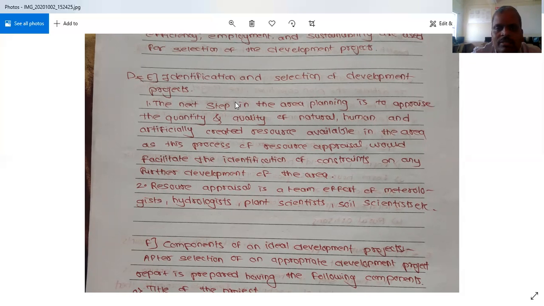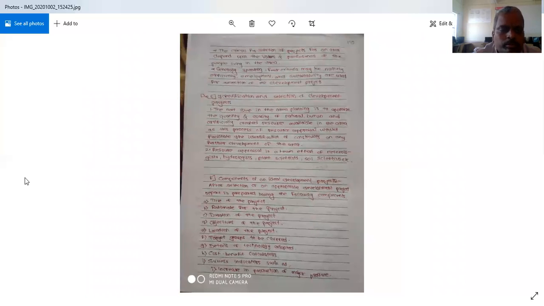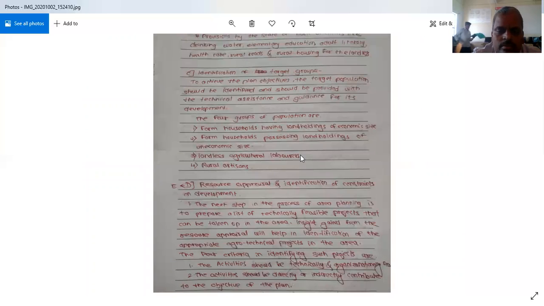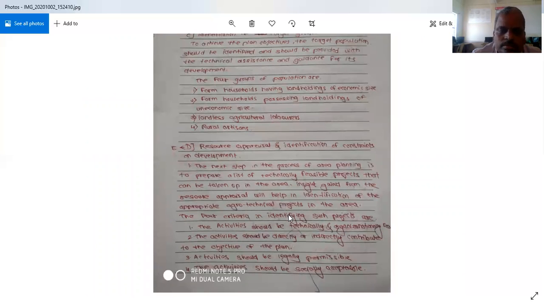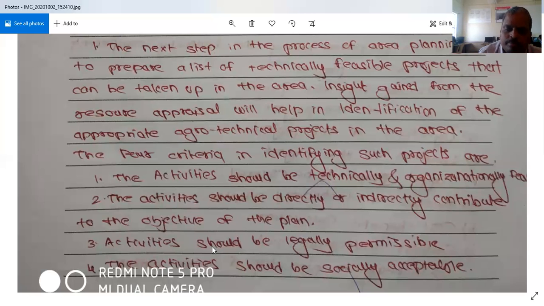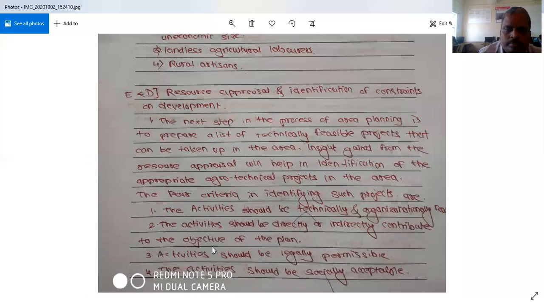Next is identification and selection of development projects. The next step in the process of area planning is to prepare a list of technically feasible projects that can be taken up in the area.